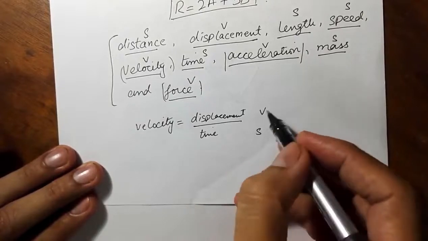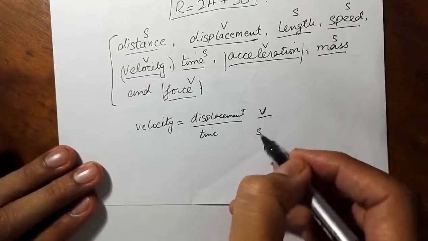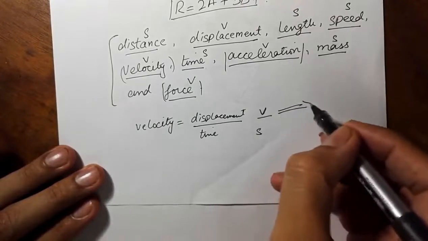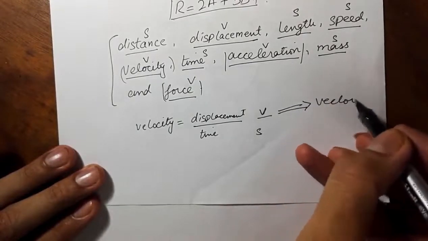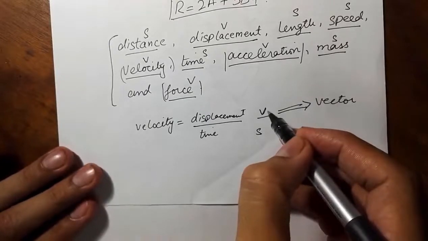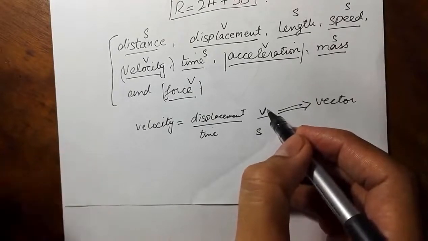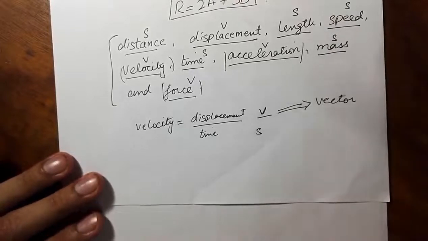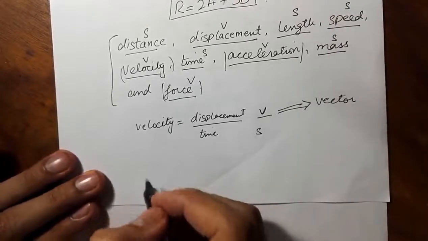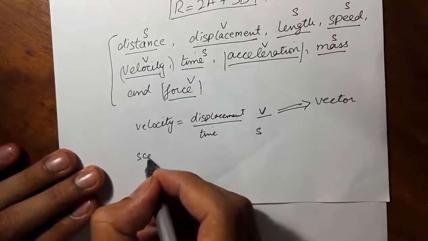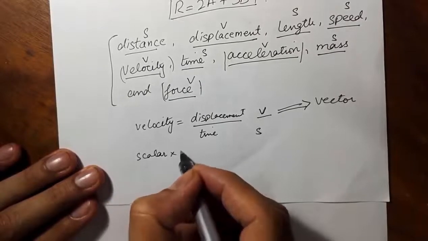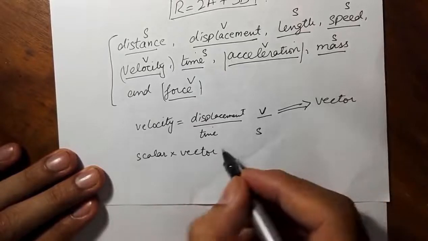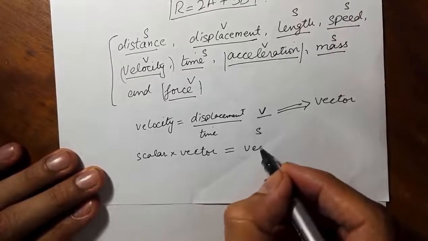So vector over scalar is a vector. If in the numerator there would be a vector and in the denominator there will also be a vector, then it would be scalar. So when a scalar and a vector are multiplied or divided, the answer is a vector quantity.